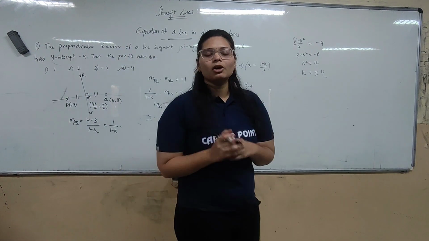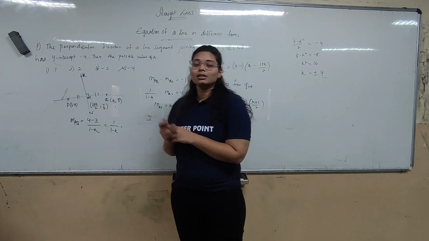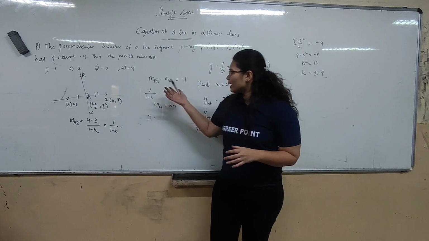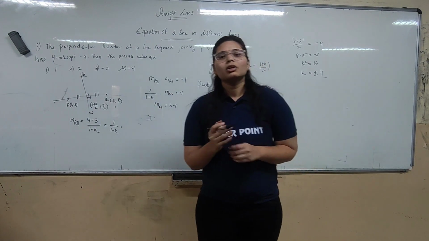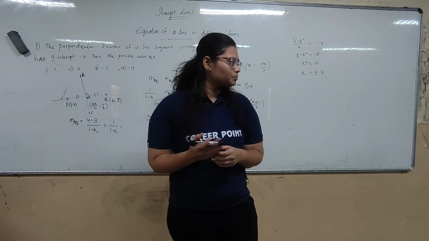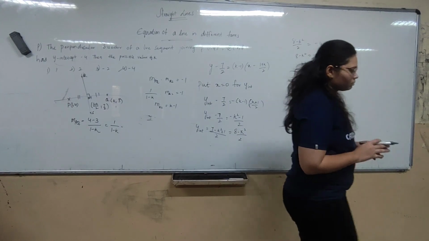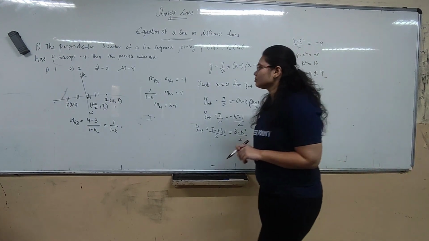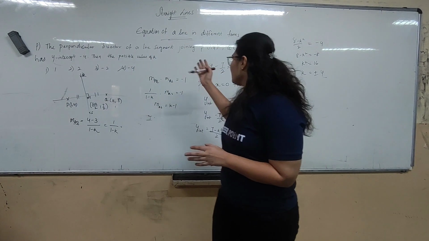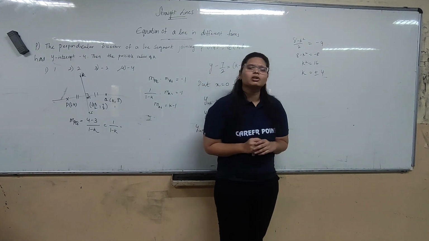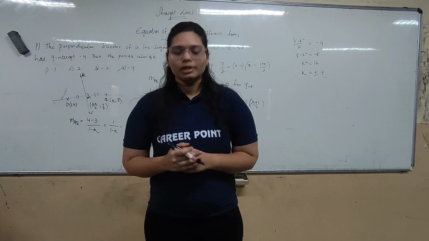So till now we have seen 4 forms of the equation of a line, and also some examples so that you can understand the concept. For further forms we will study in the next lecture. Thank you.